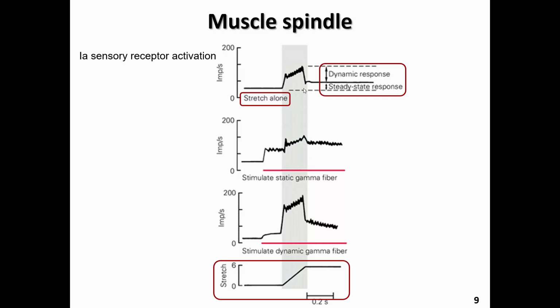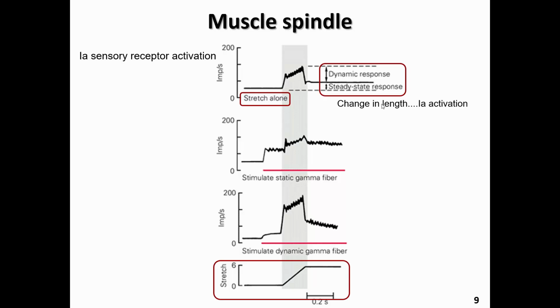And so once that muscle achieves that new stretch level at the very bottom here and is held at that new stretch level, we see that the dynamic response drops off pretty sharply, but doesn't return back to the initial level.